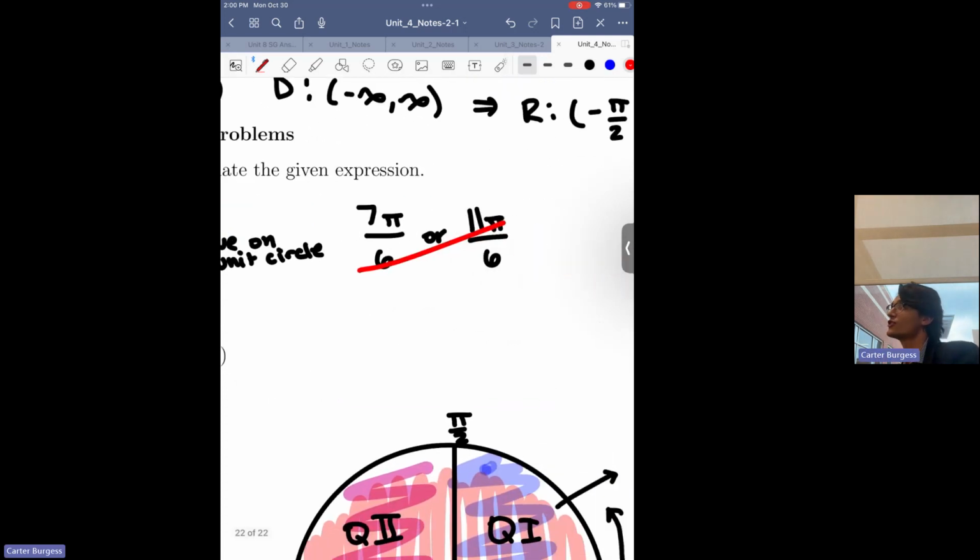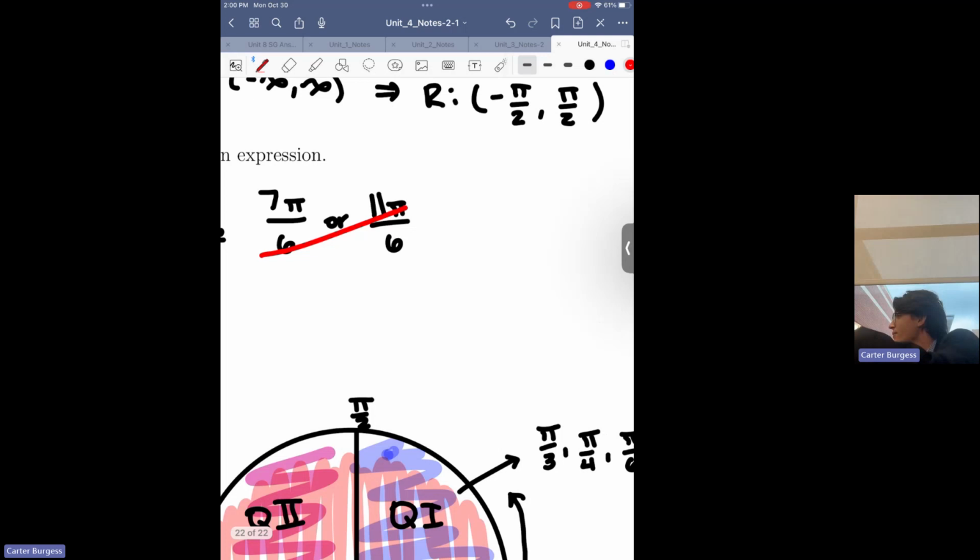It's going to come from quadrant 4. Normally that would be 11 pi over 6. But 11 pi over 6 is not in the connected quadrant 4. This would be that theta is equal to negative pi over 6, rather than 11 pi over 6.